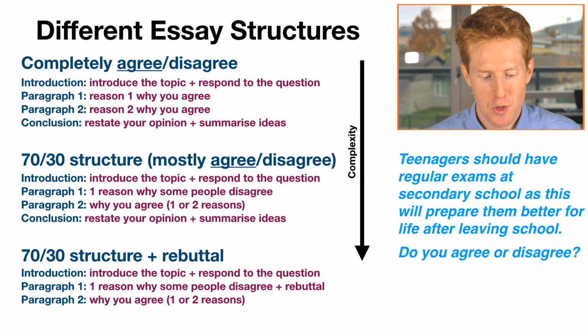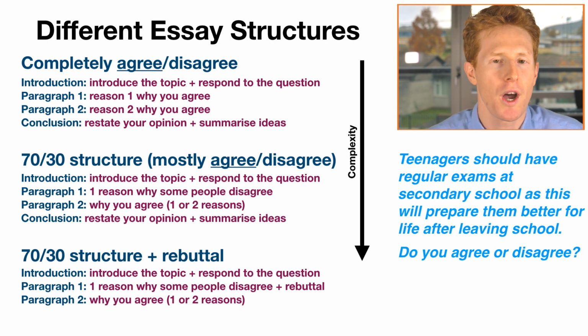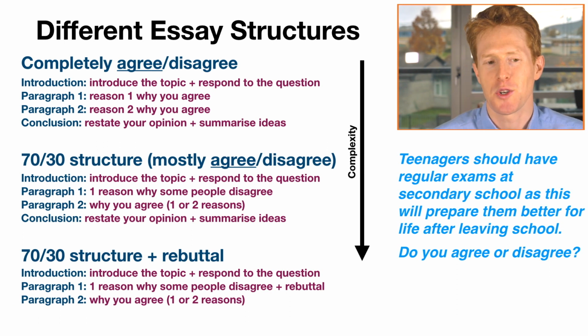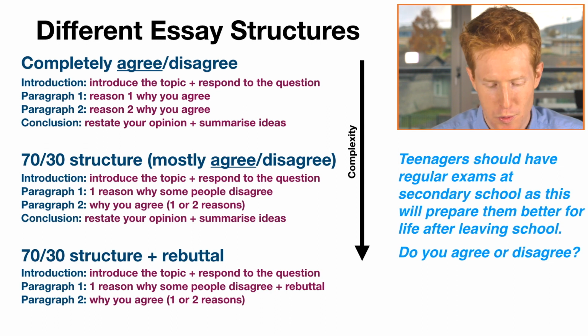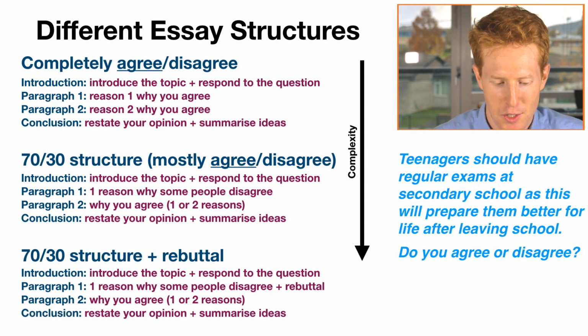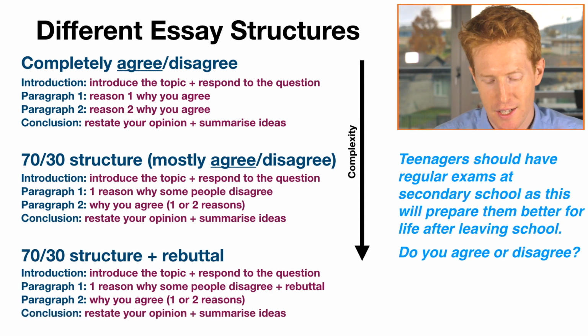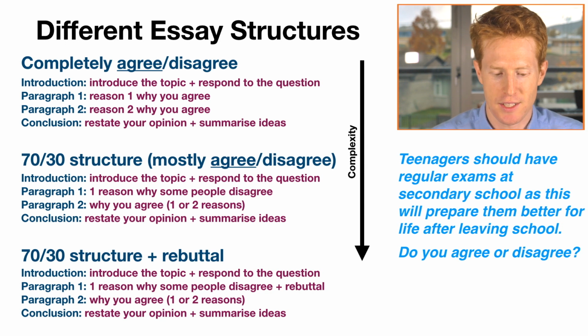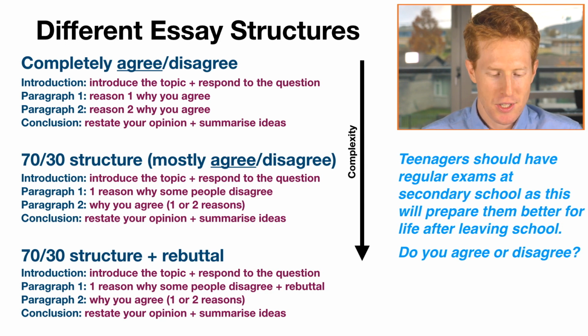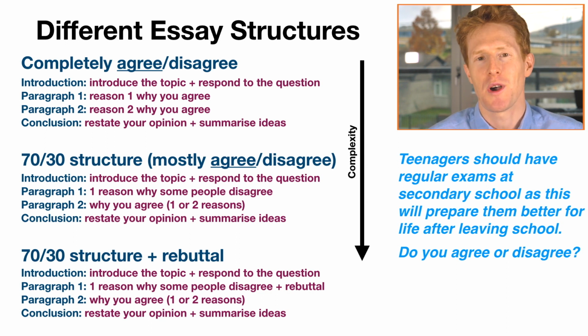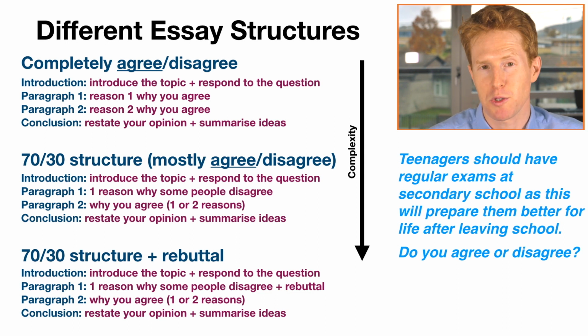Now in paragraph 2, you're going to again mention why you agree, and you're going to have either 1 or 2 reasons. Finally, a conclusion where you restate your opinion and summarize your ideas. Now, as you can imagine, the complexity of the essay also affects how many words you have to write.